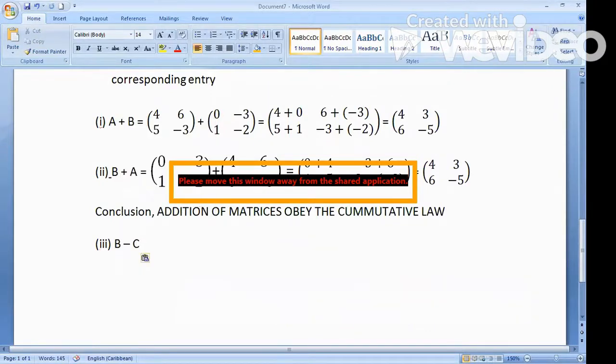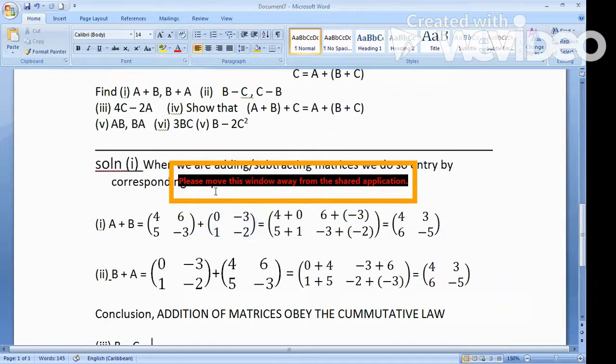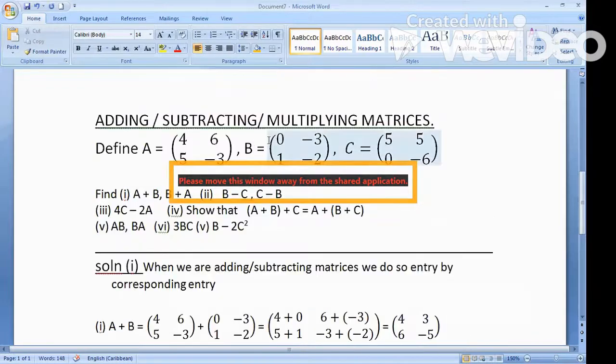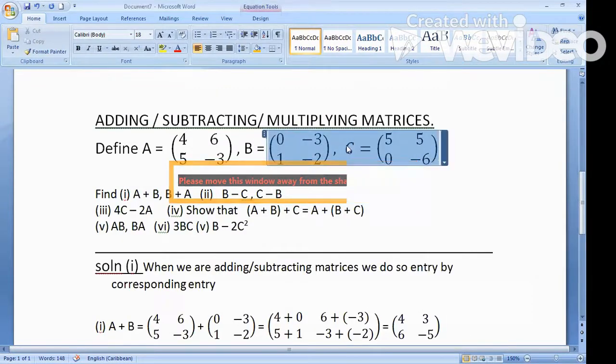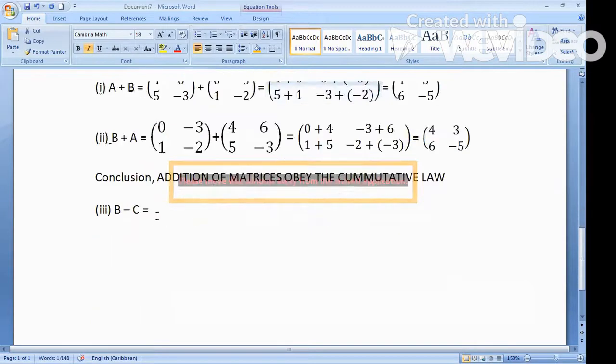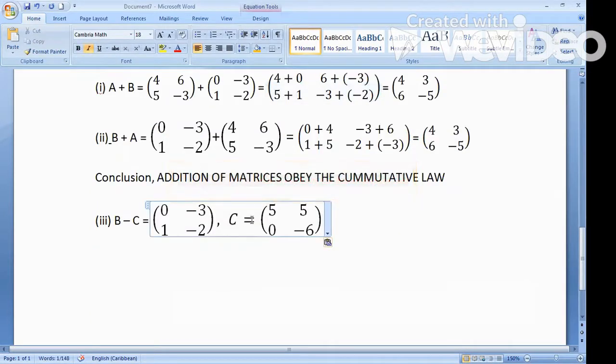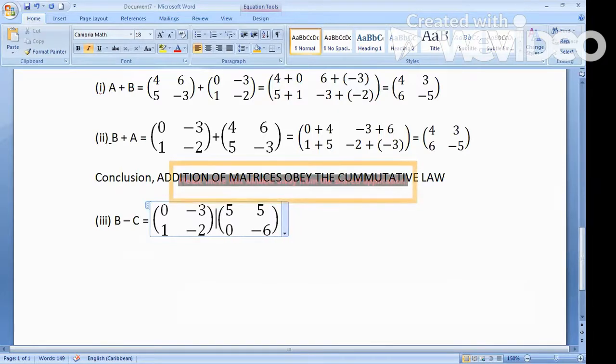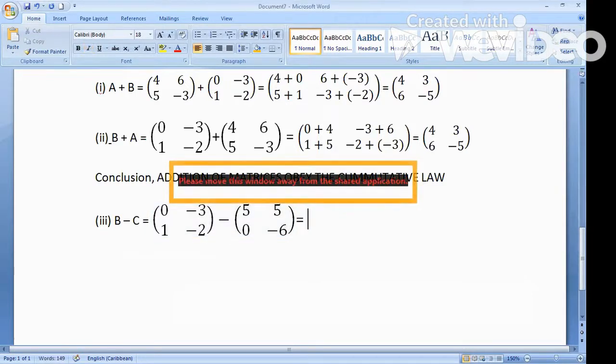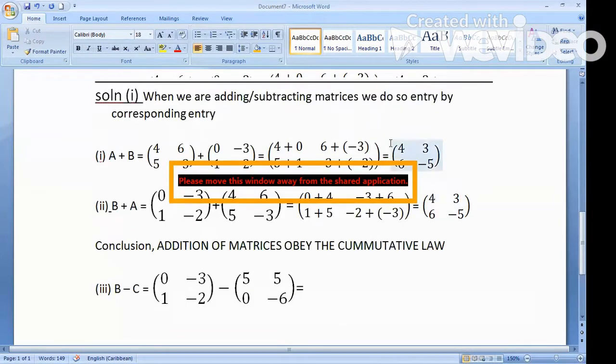B minus C. What we have here is the B matrix and the C matrix, which I'm also going to copy. Now what did I say? Same way you add, same way you subtract.